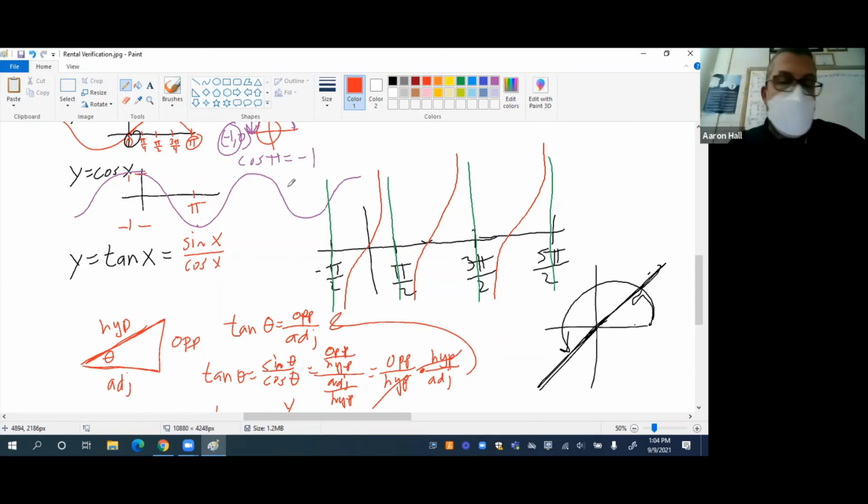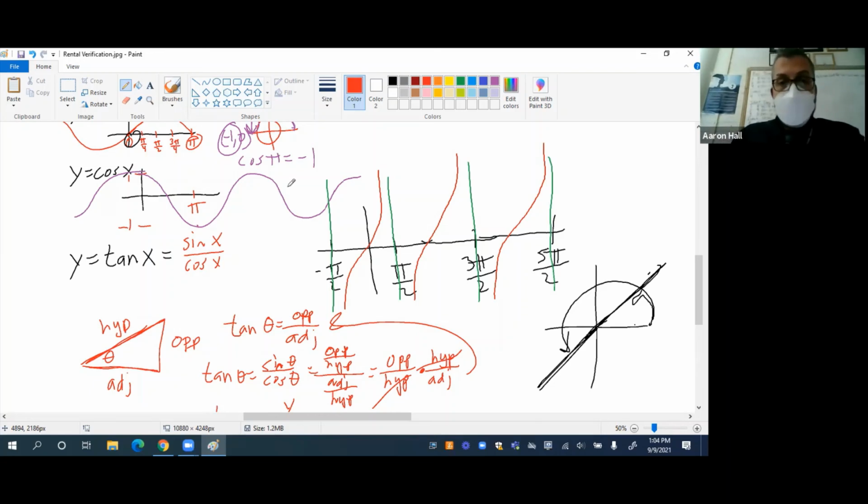We should not confuse secant for the reciprocal for sine, because those would give you the same letter. We should not confuse cosecant for the reciprocal of cosine, because they have the same beginning letter.